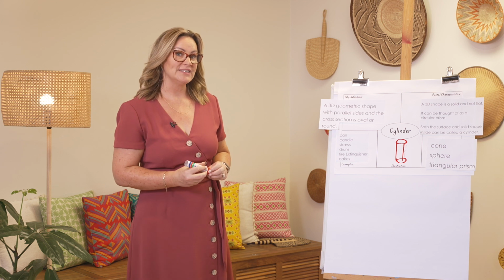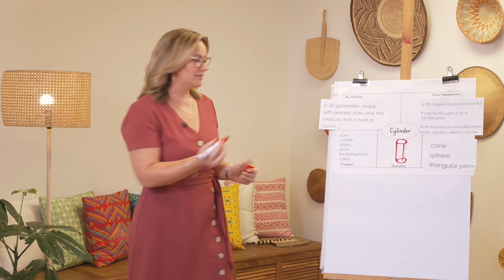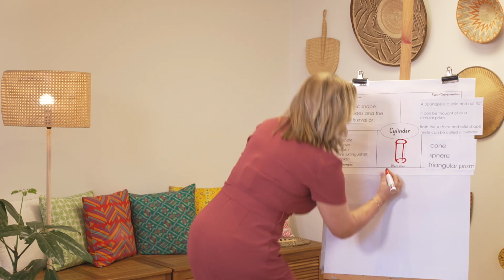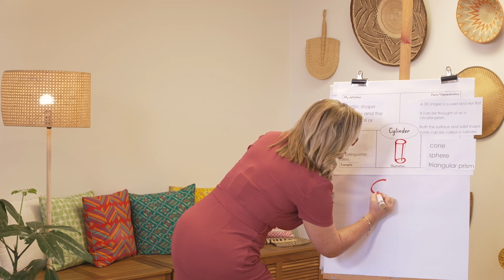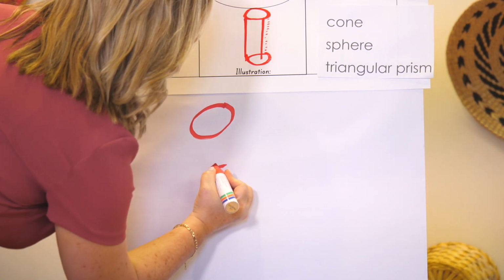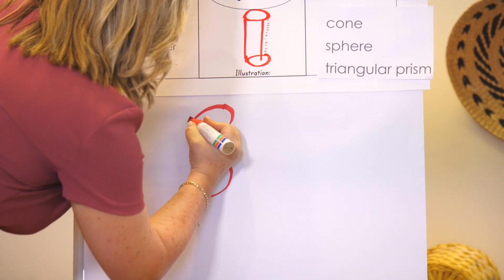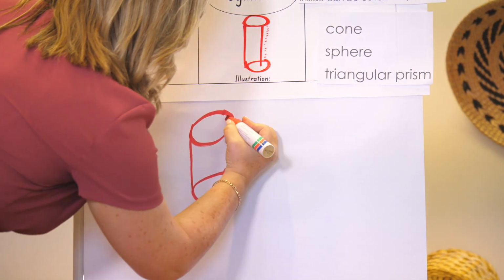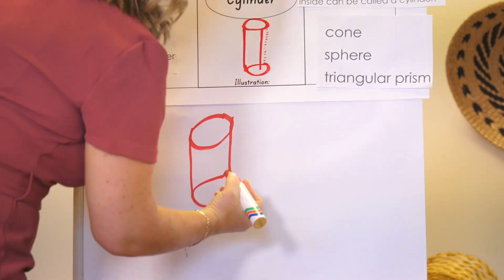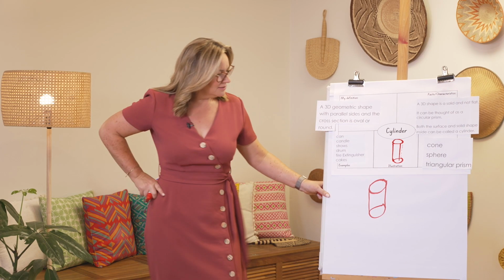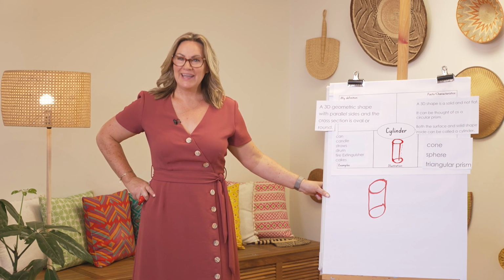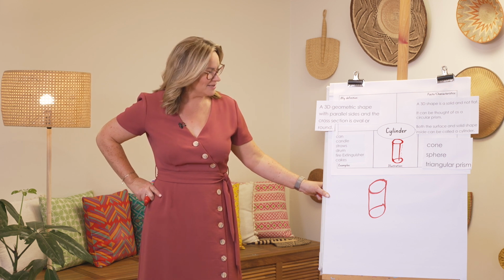This time when I draw my cylinder, I'm going to start with the cross section. Let's see if it turns out a bit better. So my cross section is oval, and then I have another cross section down the bottom, and then I have my parallel lines drawing that together. Much better cylinder. It pays to try things a couple of times.